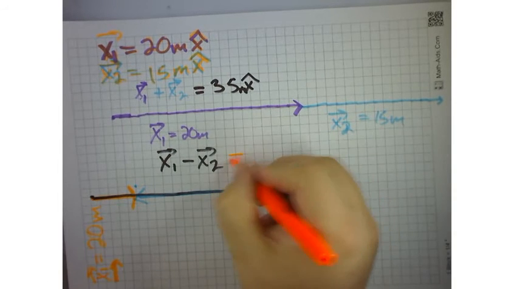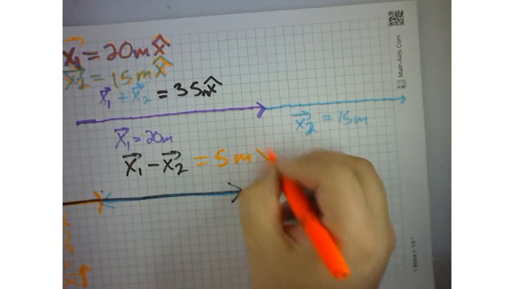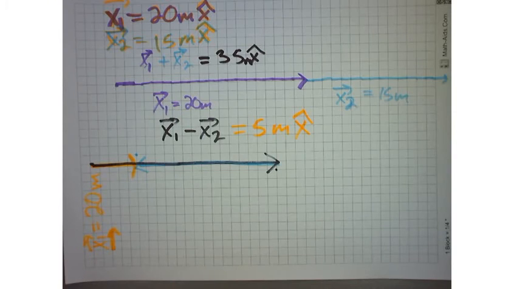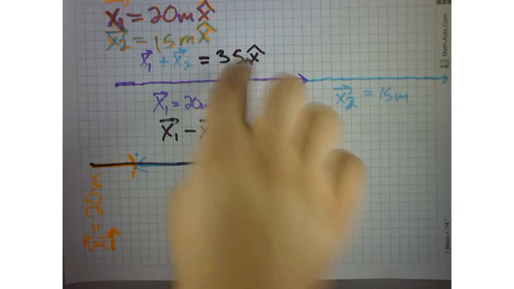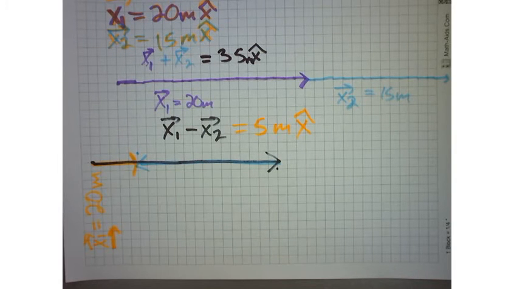So this is equal to 5 meters x hat. Does that make sense? Do you guys see that? So this is the math part. Graphically, it should line up. Now you might say, well, that's kind of dumb. Well, the reason we're doing that is at some point you'll be expected to do that with the x and y components. Okay? So any questions before we move on to the next one?